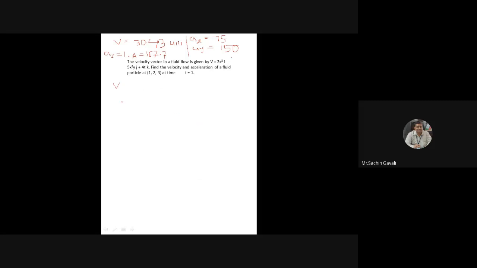Okay, so here we compare this with our general flow field equation. What is that general flow field equation? Here the general flow field equation is ui plus vj plus wk.